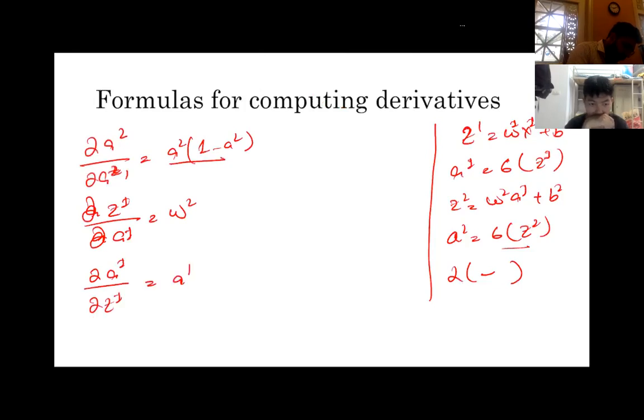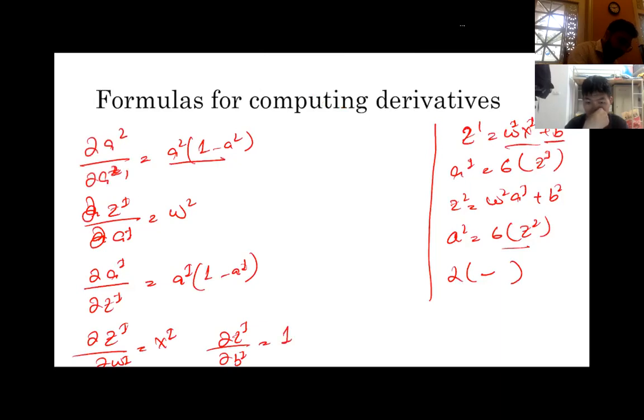This again would be a1(1 minus a1). And finally, we have to calculate the derivative of z1 with respect to w1. This is x1. The derivative of z1 with respect to b1 is just 1. So I just looked at each of these expressions and calculated the derivative with respect to their inputs.